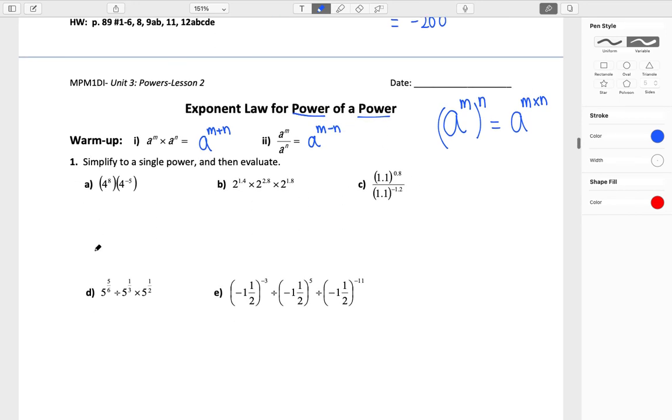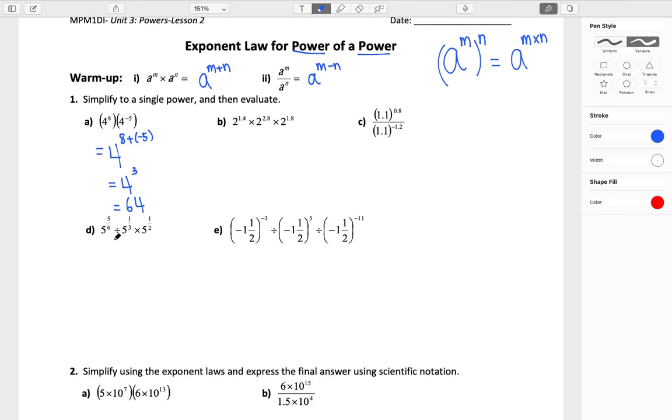So let's just do a review. For letter A, we have a same base, 4, and you're multiplying, so it's 8 plus -5, which is 3. 4 to the 3 is 4 times 4 times 4, which is 64.